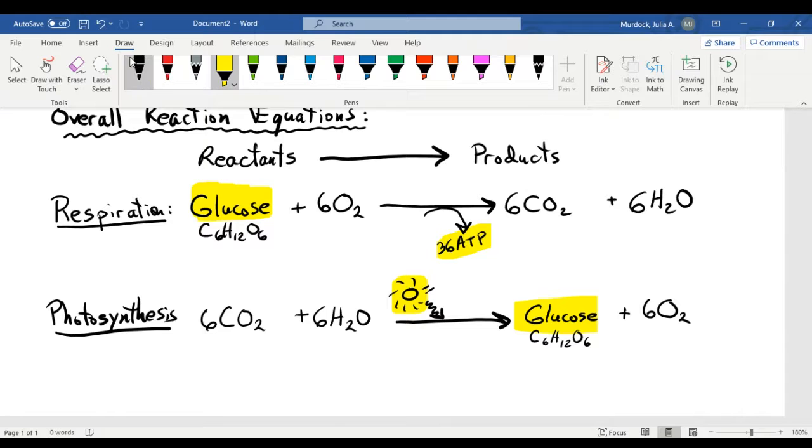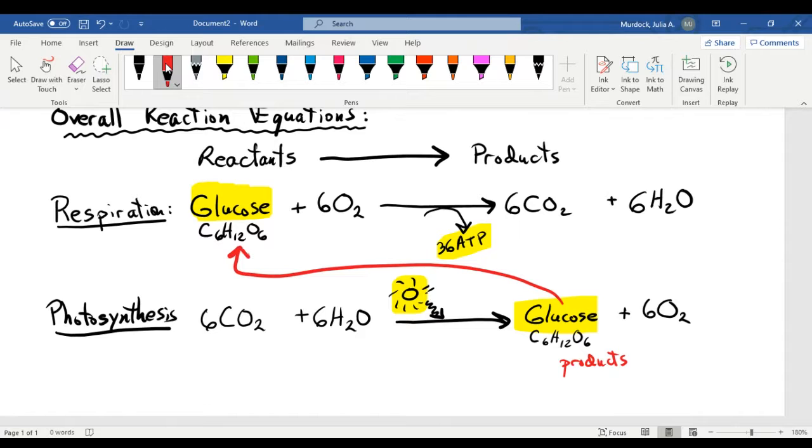But it is kind of cool that the products of photosynthesis, especially this right here, become the reactants in all of the cellular respiration, all of the cell respiration reactions on the planet.